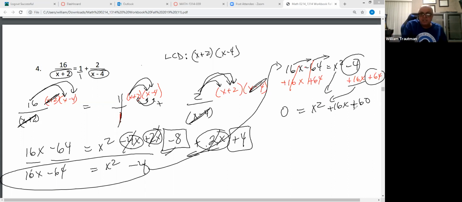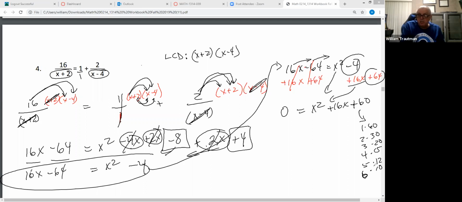Luckily, you don't have to use the AC method because there's a 1 in front of the x squared. So all the things that multiply together to make 60 are 1 times 60, 2 times 30, 3 times 20, 4 times 15, 5 times 12, 6 times 10. I think we got them all.